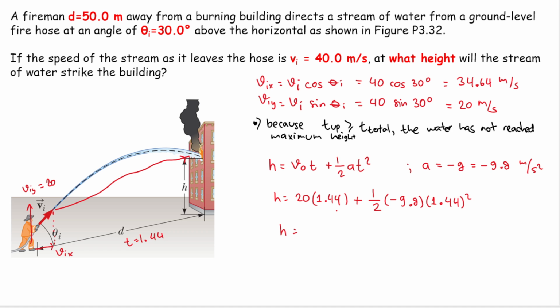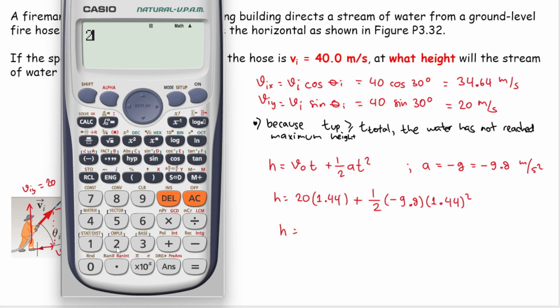So we will have the height. All that we need to do is plug all this into the calculator, right? So the height is 20 multiplied by 1.44, plus 1/2, times minus 9.8, times 1.44 squared.